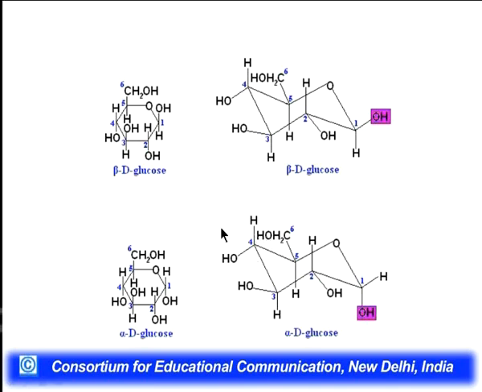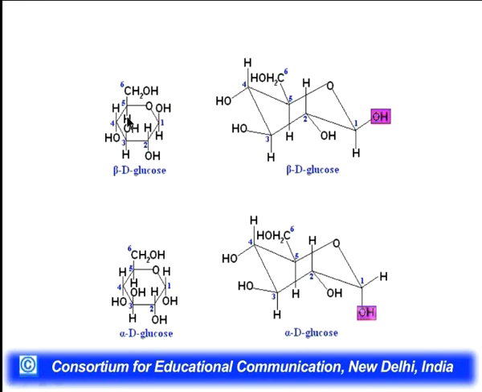Now please remember, these anomers are not enantiomers. Enantiomers are non-superimposable mirror images of each other, whereas alpha D-glucose and beta D-glucose are not mirror images of each other, hence they are diastereomers.